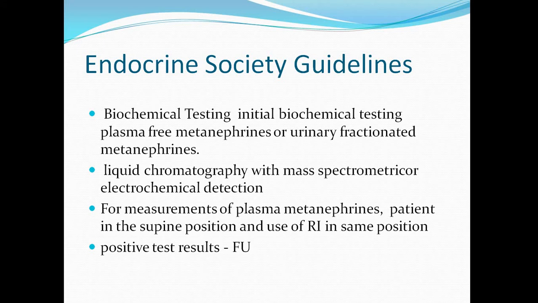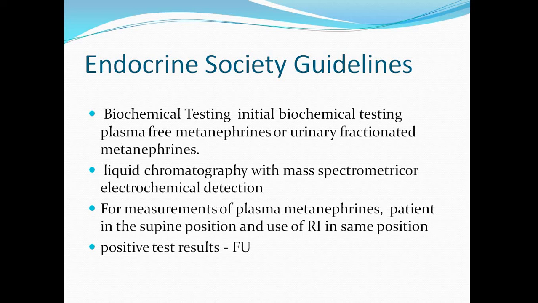So again, to wrap up, the Endocrine Society guidelines, which is the bread and butter for this exam. If you suspect pheochromocytoma, first you go with the biochemical testing. Initially plasma-free metanephrines, or urinary fractionated metanephrines, by liquid chromatography with mass spectrometry or electrochemical detection.